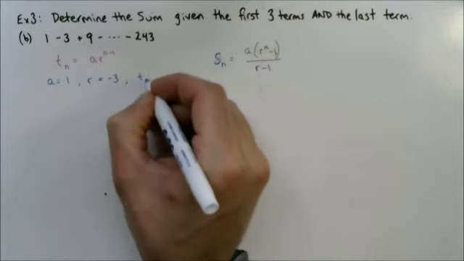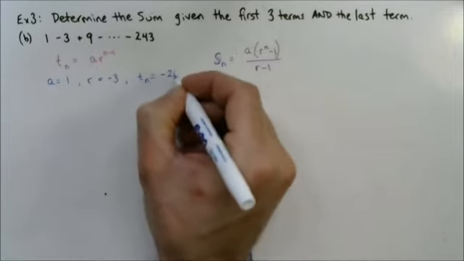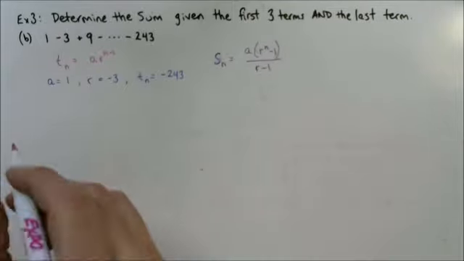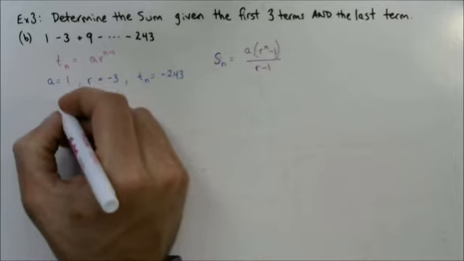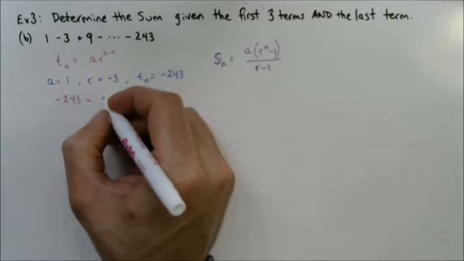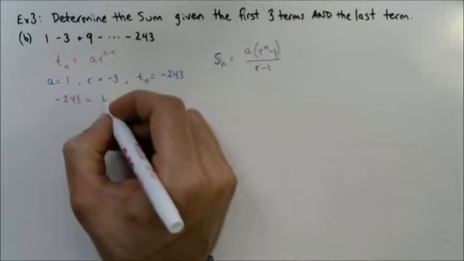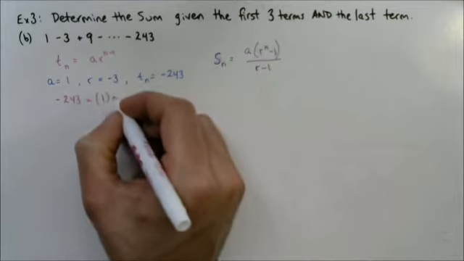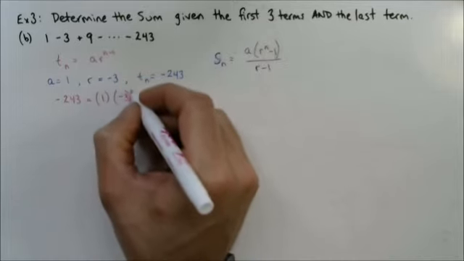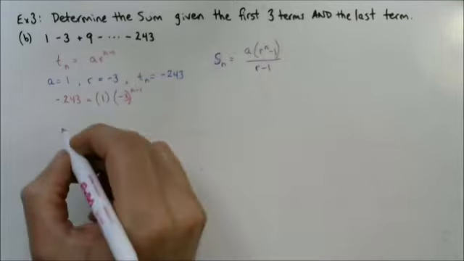And we're told that the last term is -243. All right, so we'll sub those into our formula for the general term. We have negative 243 on the left, and on the right we have a first term of 1 times negative 3 to the power of n minus 1.